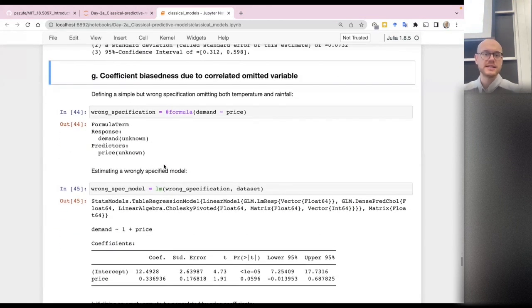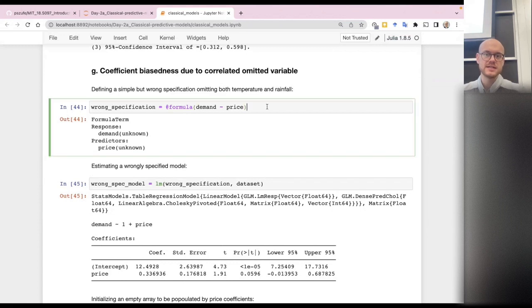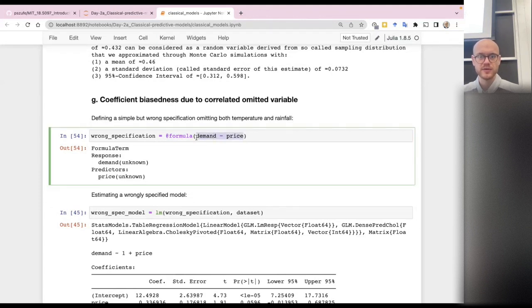What I want to do instead is to do similar Monte Carlo simulations, but this time assuming a wrong, not correct specification of the model. This is Julia code where I'm defining a very simple, not multiple regression, but simple regression with just one feature, which is price driving demand.